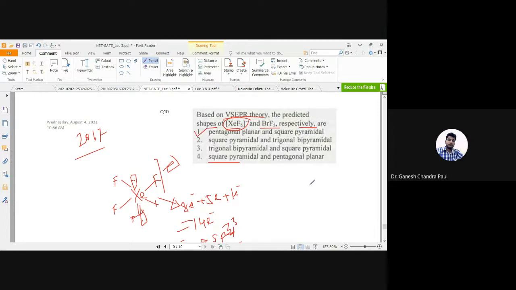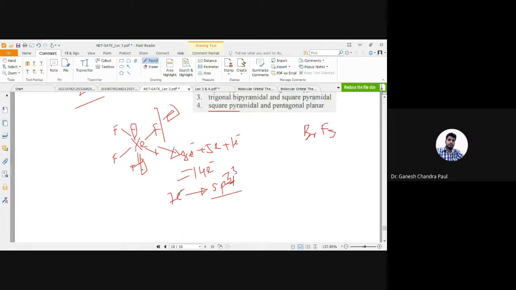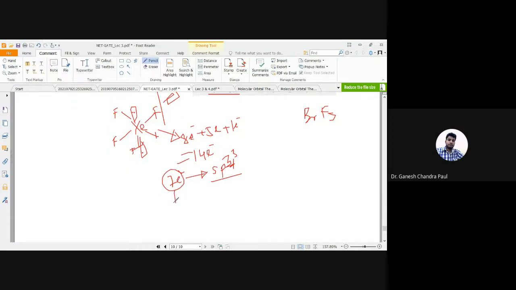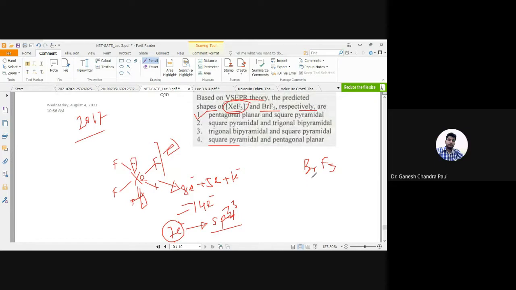Now finally calculate the structure of BrF5. So how can you do that? In case of bromine pentafluoride, what is the geometry?